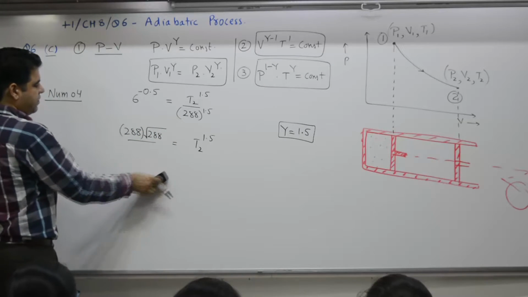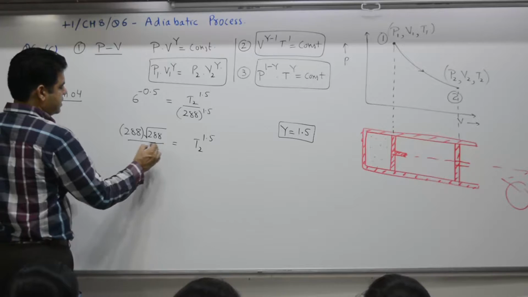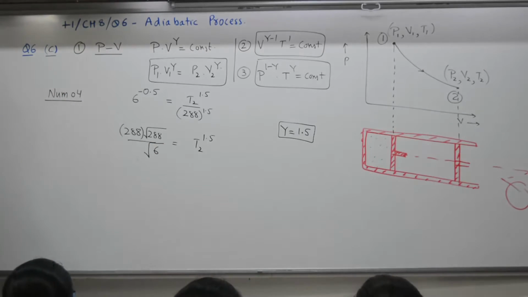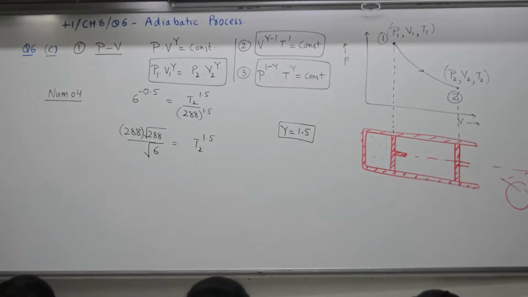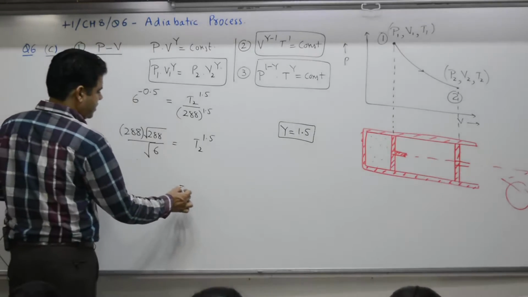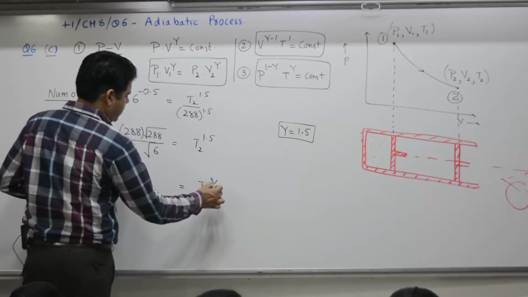This 6 power 0.5 means what? 6 under root. Find T2. This is T2's power 3 by 2.